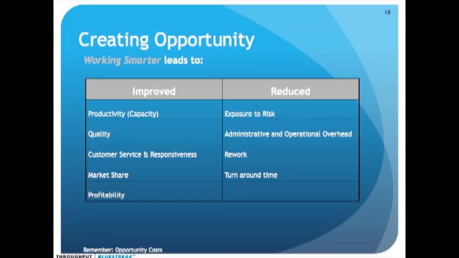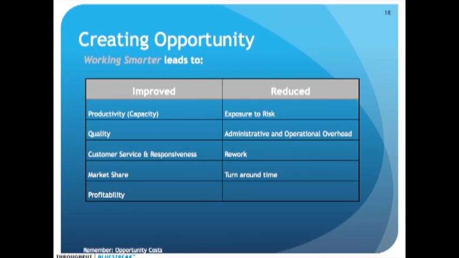With our extra capacity, we can bring in more work, turn it around quicker, with better quality, with increased customer satisfaction, which will directly lead to more market share and ultimately increase your profitability.